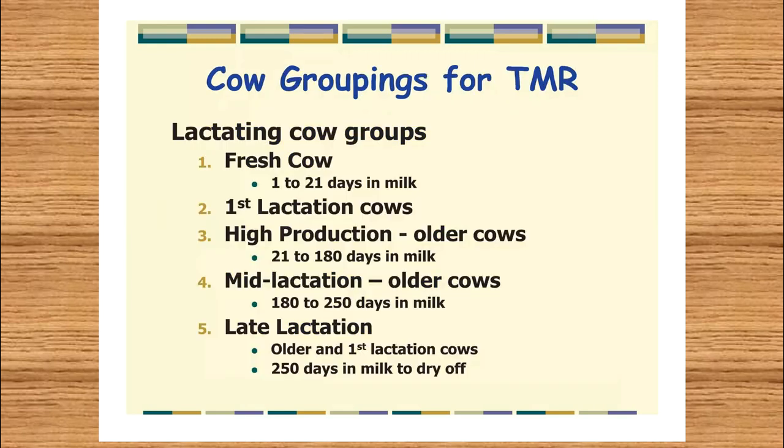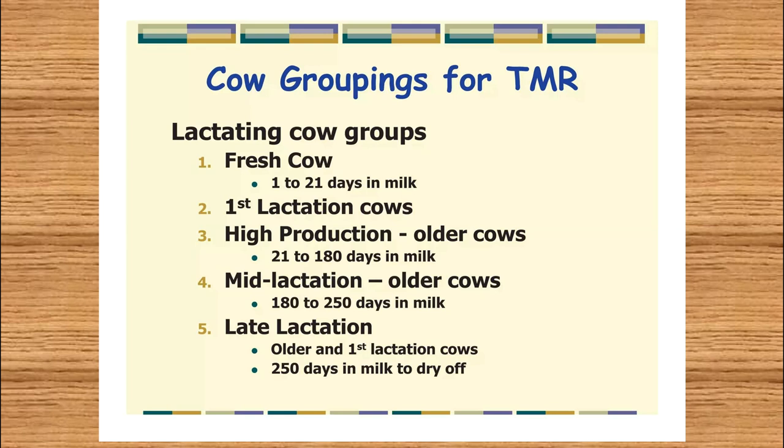Then how the cows are grouped to feed the different rations for making the total mixed ration: lactating cow groups or fresh cows. Then it is 1 to 21 days in milk. Fresh cow means a cow that has just calved, 1 to 21 days.